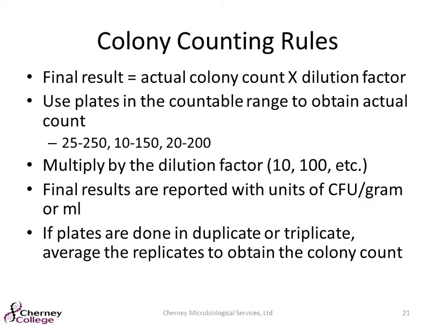So we're going to try to find a plate within that countable range, and then multiply that count by the dilution factor. And then we'll report it as CFU per gram or per mL. And if you do something in duplicate or triplicate, either you're adding those up or you're averaging those.